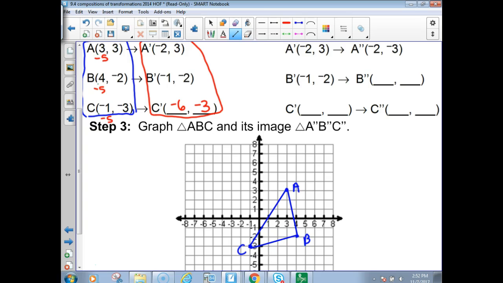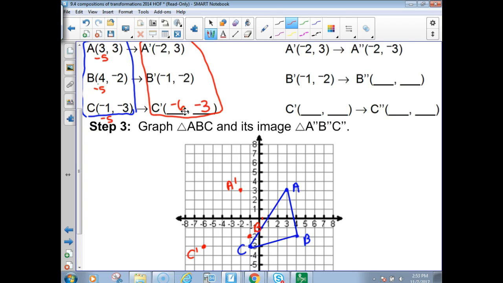Okay, we've already written down the location of A prime, B prime, C prime. A prime is at -2, 3, which is just taking all these points left 1, 2, 3, 4, 5. There's A prime, at -2, 3. Then B, left 1, 2, 3, 4, 5, which gave us -1, -2 for B prime.